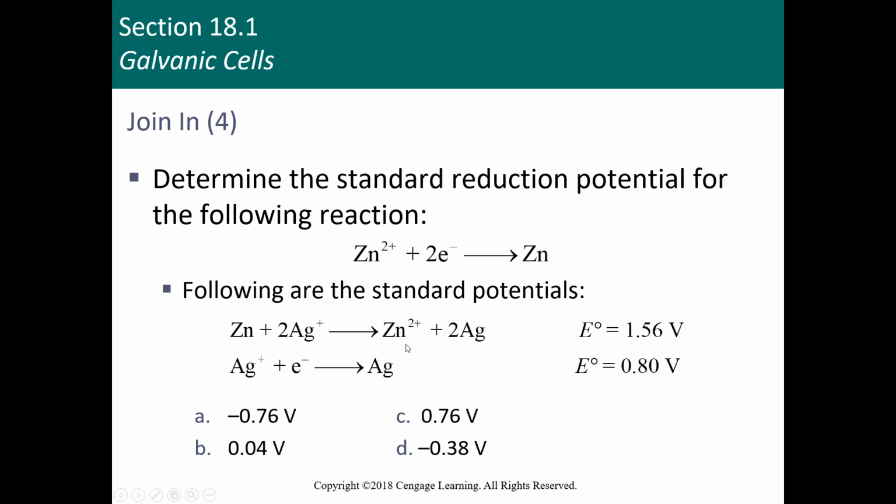That will help us cancel the silver and the silver salt. We don't change the sign, but we do have to add these together once we flip this. And that will give us negative 0.76, because this was a negative value. So minus 1.56 once we flipped it, and then we added 0.8.